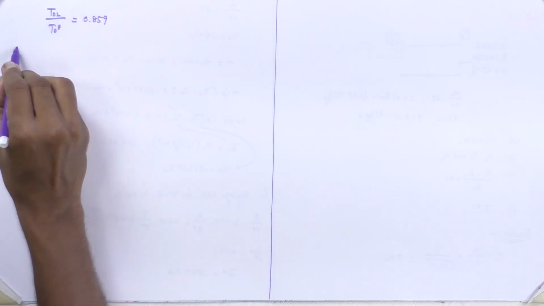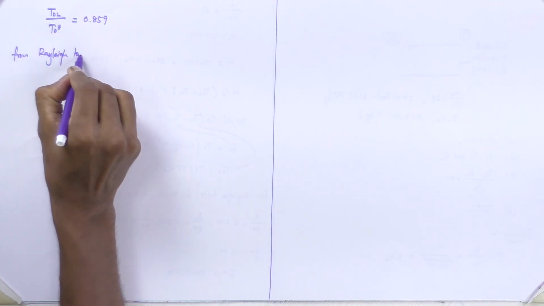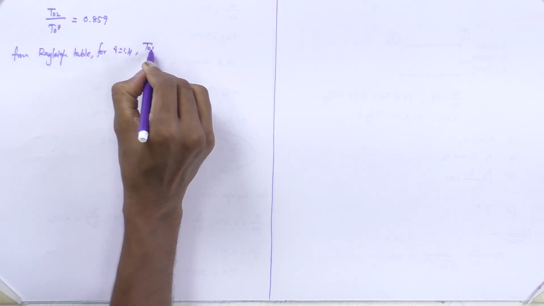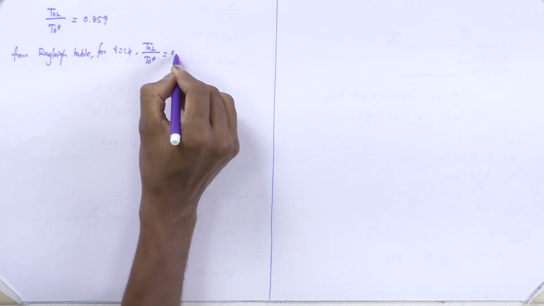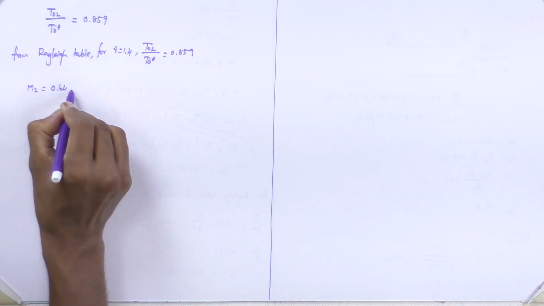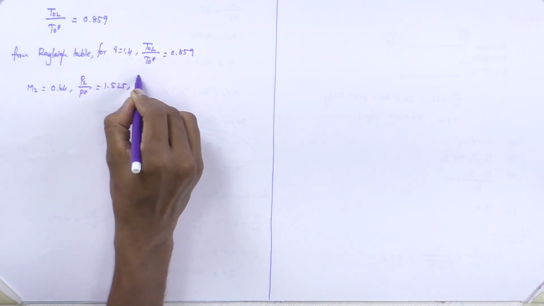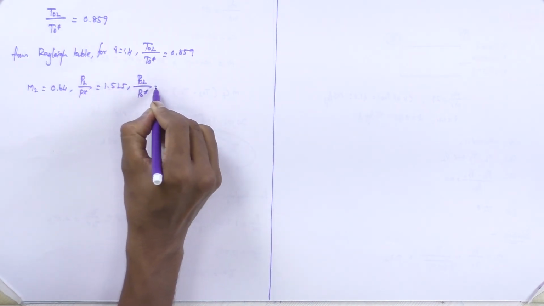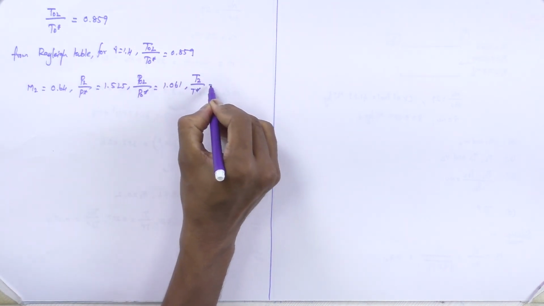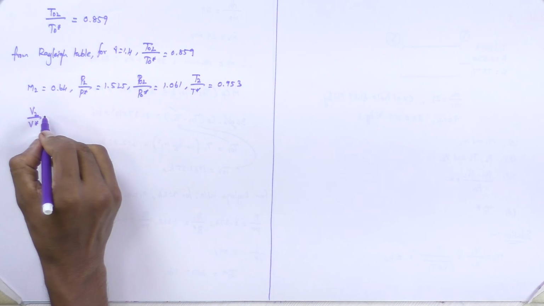Then again from the Rayleigh table, for gamma equal to 1.4 and T02 divided by T0 star equal to 0.859, we can calculate M2 is equal to 0.64, P2 by P star is equal to 1.525, P02 divided by P0 star is equal to 1.061, T2 by T star is equal to 0.953, and V2 by V star is equal to 0.625.